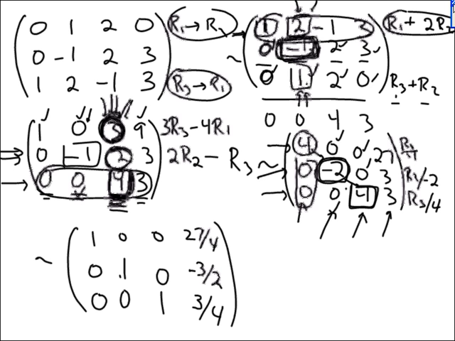This matrix right here is said to be in reduced row echelon form. The first entries in each row that are not 0 are 1s, and the 1s keep going to the right as I go down. And what's above and below the leading 1?